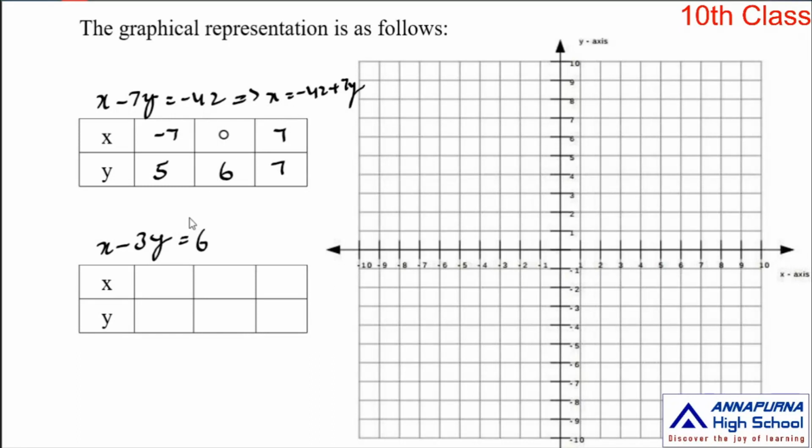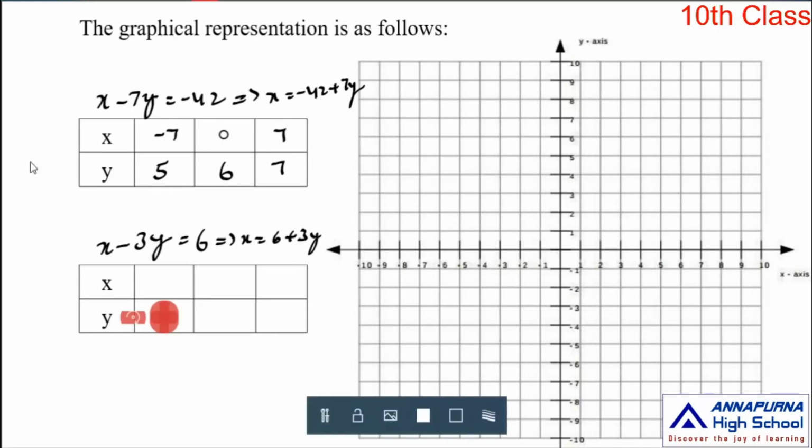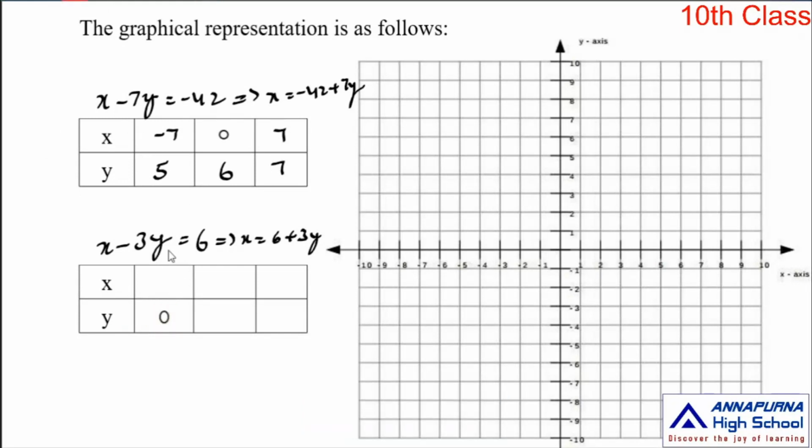In the same way, we find three more solutions which satisfy the second equation. The second equation is x minus 3y is equal to 6, so x is equal to 6 plus 3y. Choose any three y values. If y is equal to 0, then x is equal to 3 into 0, 0 plus 6, 6.